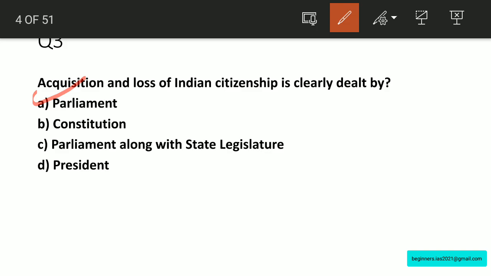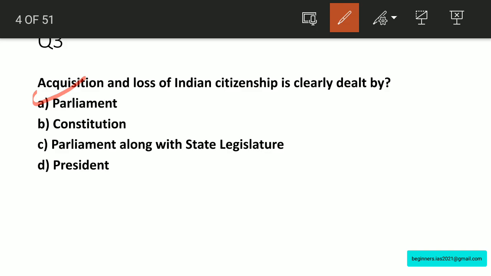The Indian Citizenship Act 1955 provides for the acquisition and termination of citizenship in India. Citizenship can be acquired in these ways: by birth, descent, registration, naturalization, and incorporation of territory.